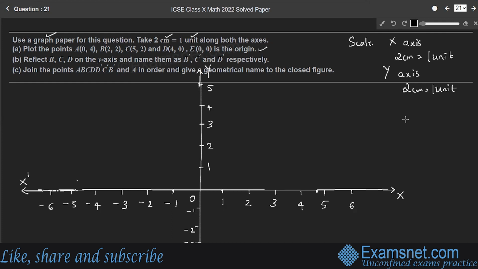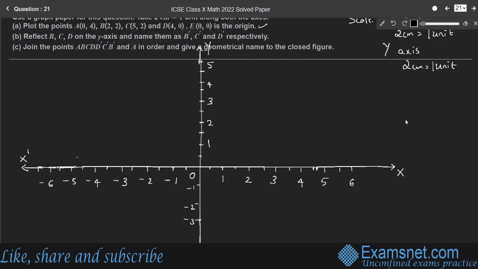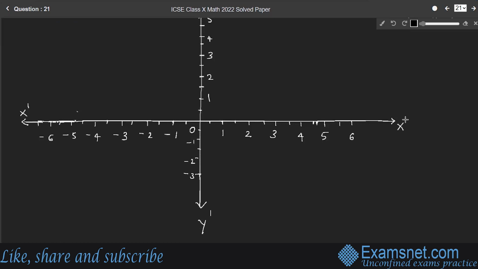Just assume this 1 unit is equal to 2 centimeter. So 2 units is equal to 4 centimeter, like that, right? Also along the negative x-axis, we have 2 centimeter is equal to 1 unit, like this.